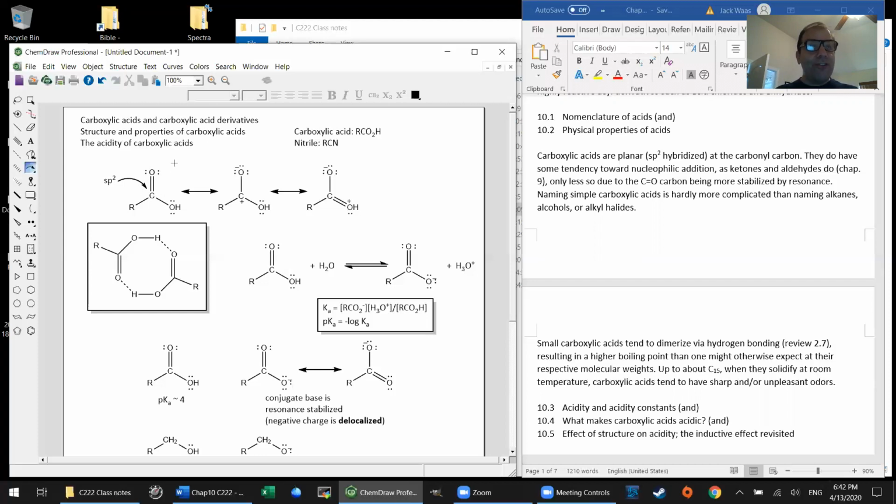We talked in chapter 9 about ketones and aldehydes and how they undergo addition reactions, nucleophilic addition reactions to that carbonyl carbon. Carboxylic acids can undergo similar types of reactions, except that they're a good deal less reactive. And one of the things I'd like to do, though I don't think we're going to do it in this video, is give you an idea of the relative reactivity of all of these different types of carboxylic acid derivatives.